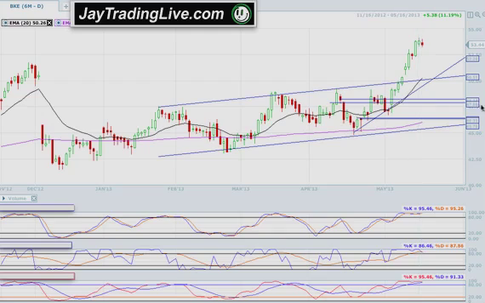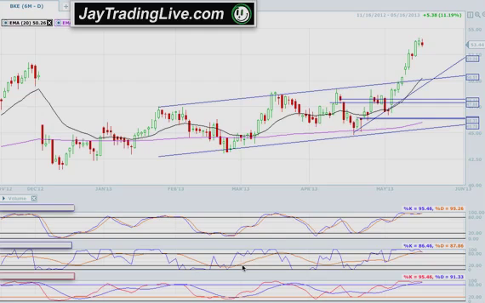Another example on BKE. This is a different example of a V signal, but it's one we use as well. So we've got our blue line coming up, crossing above our 80, and we've got a little pullback, and we shoot right back up above the 80. We've got our orange line coming in right underneath us. So as soon as this blue line crosses right back above the 80, with the orange line not having anything to cross through, we use this 80 line up here as our cross through indicator.